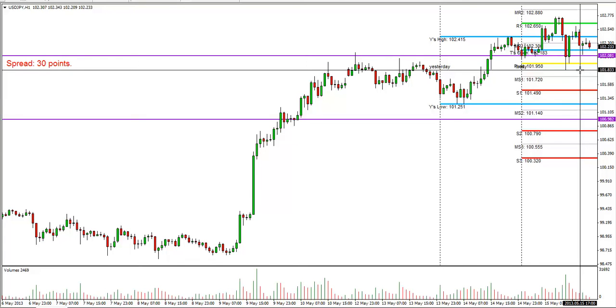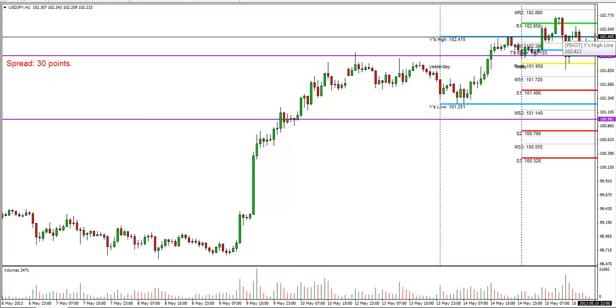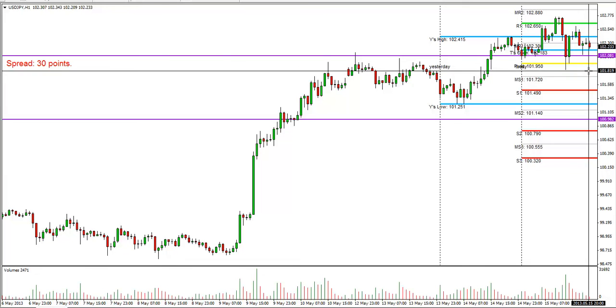This is the area that we're going to be looking at. Again, to recap our signals, we're going to take it long over 102.40, and we're going to place a protected stop below 102.07. If you want to give it more room, you could put your stop below 101.81.